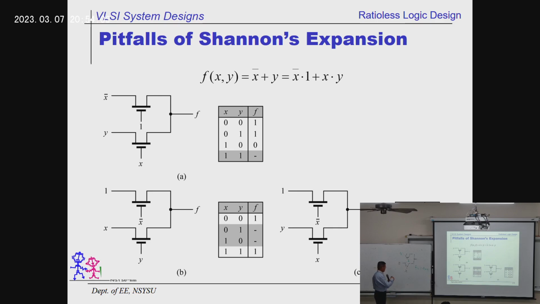Okay, clear? Right, good. So what the problem is, if you follow the equation here, it seems fine. But if you check these circuits, what happened? I don't have the red. Let me use the red. Yeah, we have the red over here.